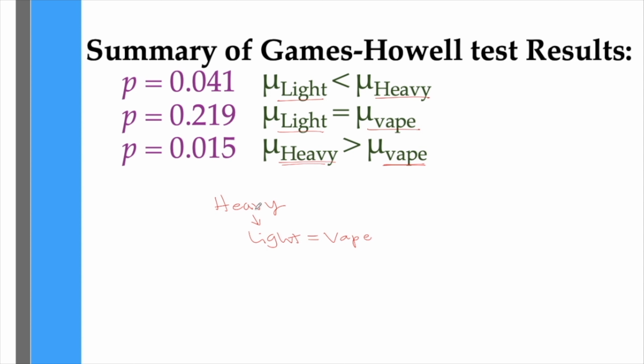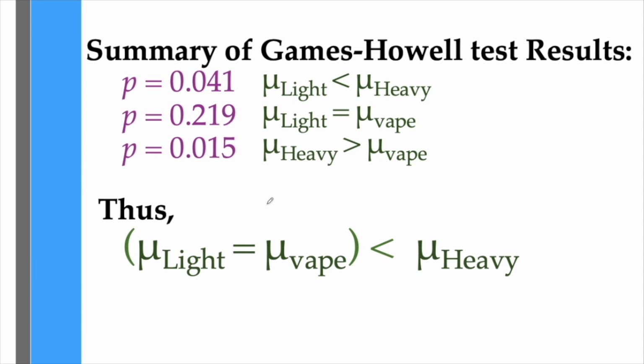So the mean serum naphthalene of the heavy cigarette smokers is greater than the mean serum naphthalene of the light cigarette smokers and the vape users. And the serum naphthalene of the light and vape are just equal.